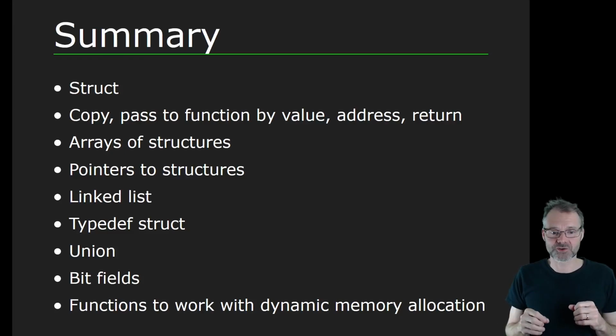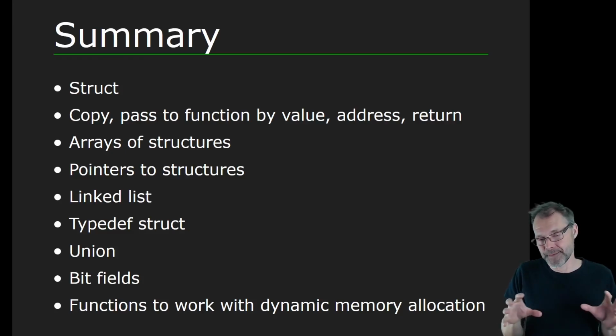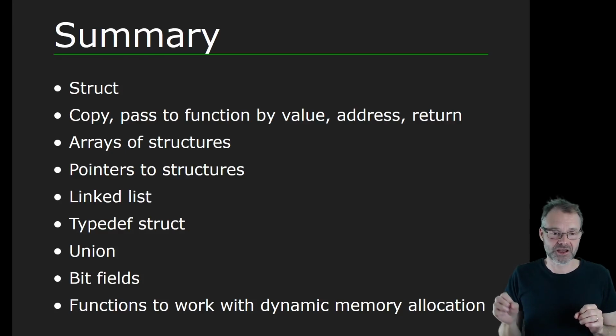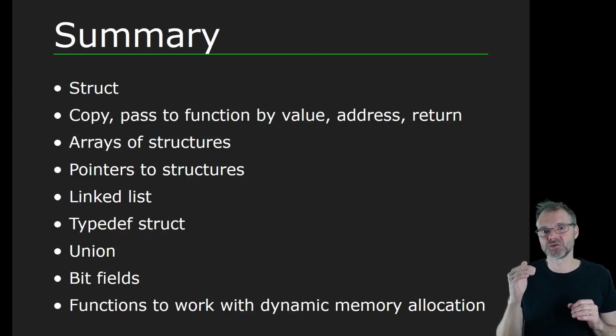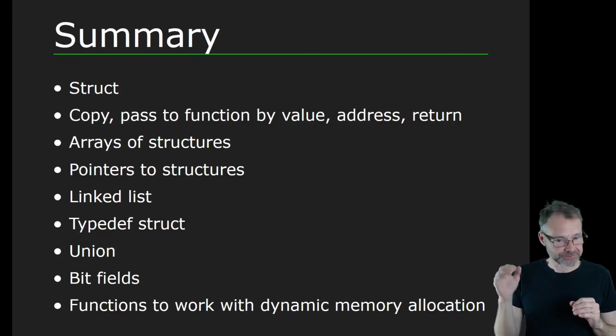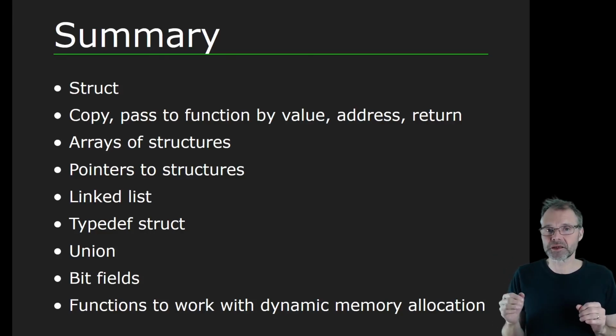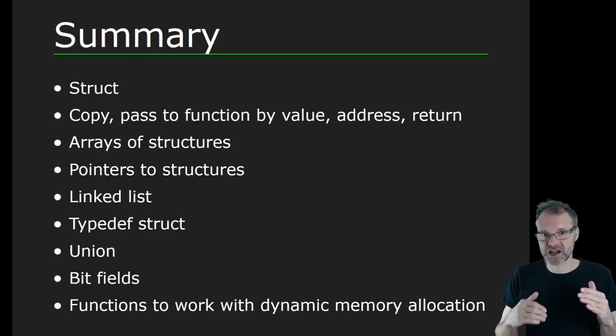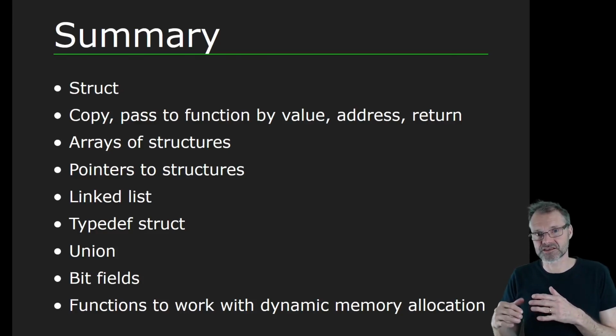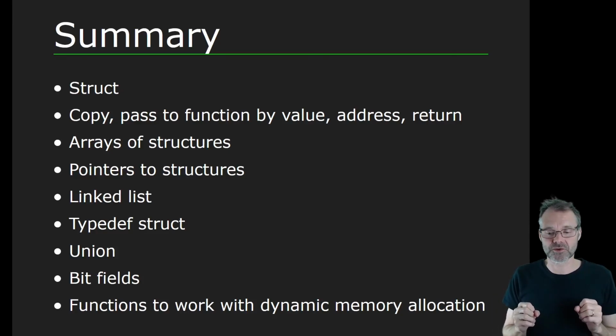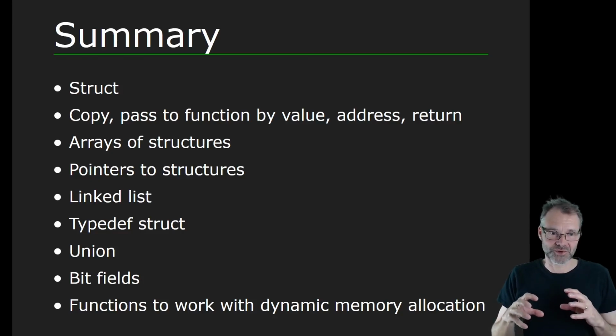We saw how typedef struct could make our code a bit easier. We saw the union. It's a struct, but it can only hold one value at a time. We talked about bit fields that we could use. It's a struct of bits and made it easier to work with bits like we are using a struct.